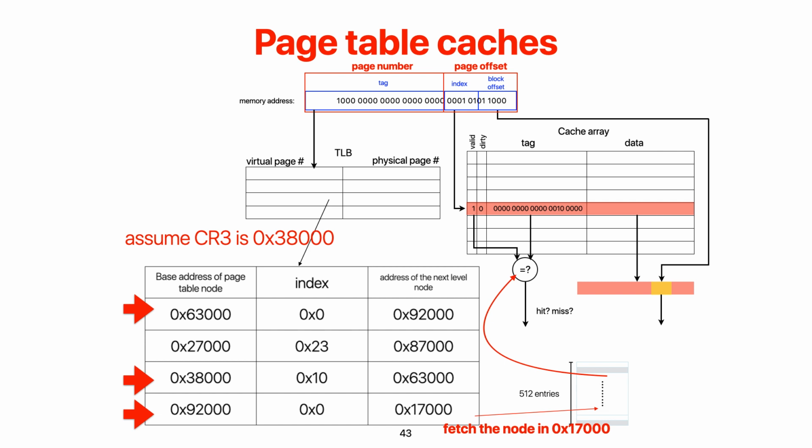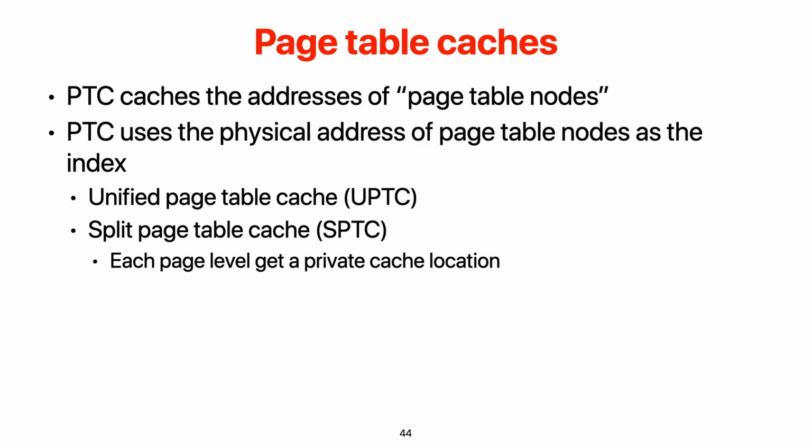So what we need to do is go to the main memory, fetch the node of 17,000, and figure out the entries that we are looking for in there, and that will give us the translation. So the page table cache caches the address of page table nodes, and uses the physical address of the page table node as the index. There are different structures of it, but their concepts are essentially the same.